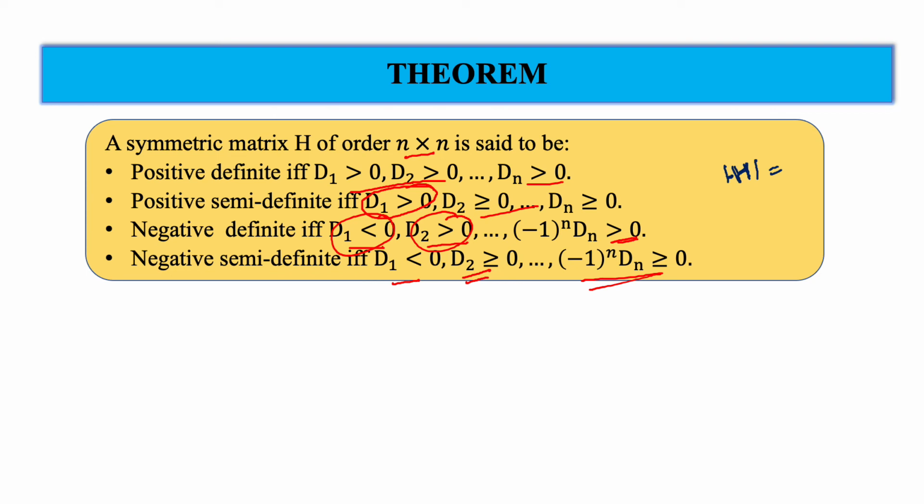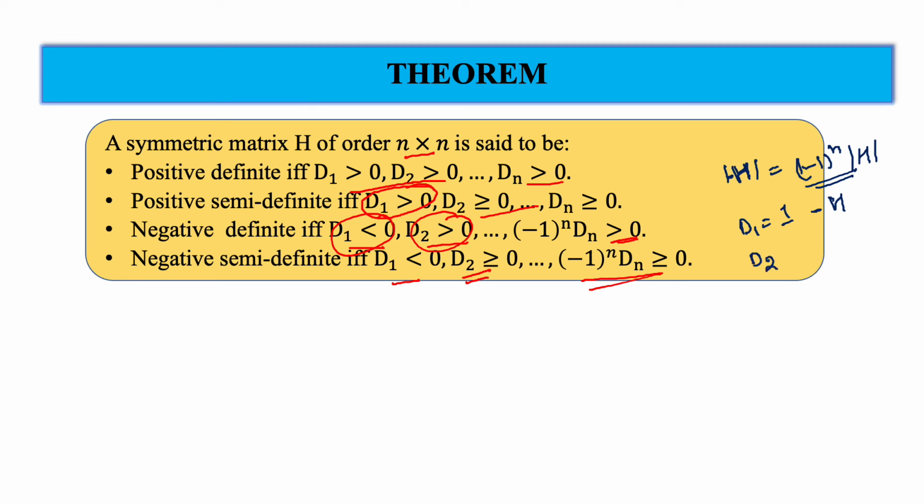And what is the determinant of negative of H? The determinant of negative H is minus 1 to the power n times the determinant of H, which we already know by the property of determinants. Now D1 is of order 1, so it will be negative. For order 1, n equals 1, D1 is negative.